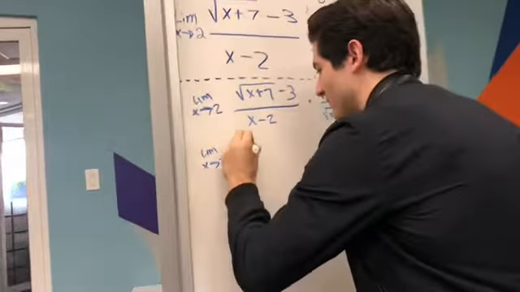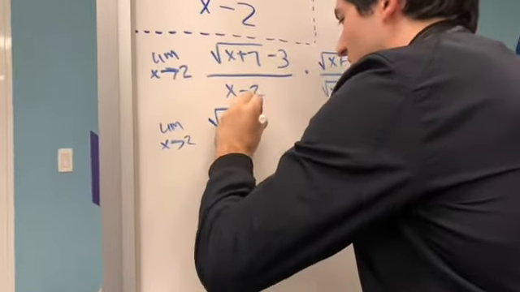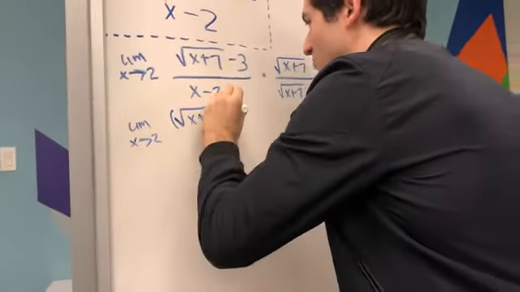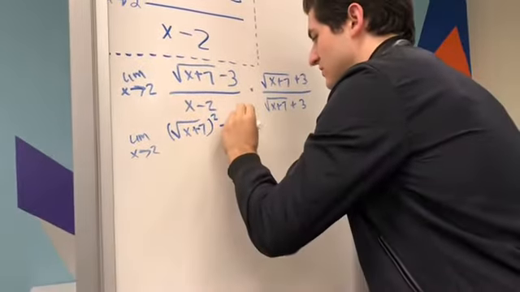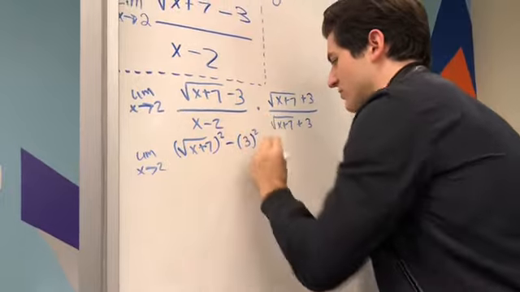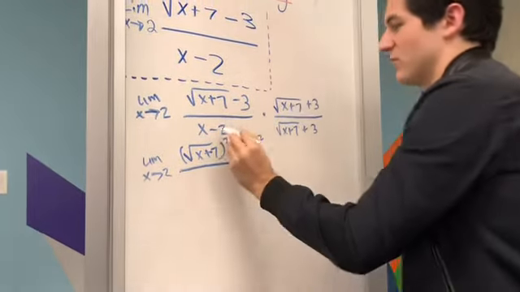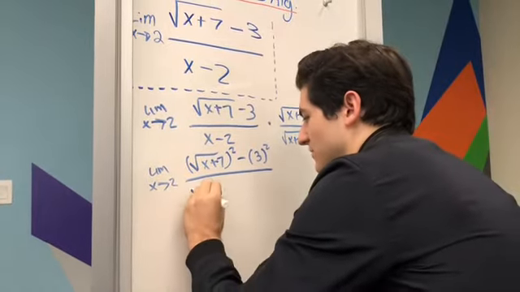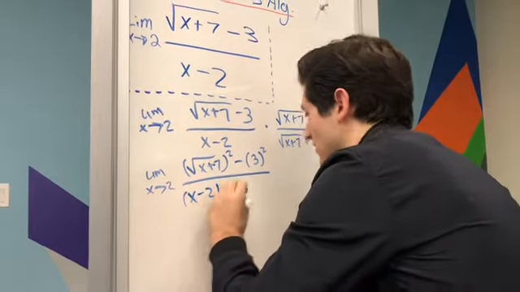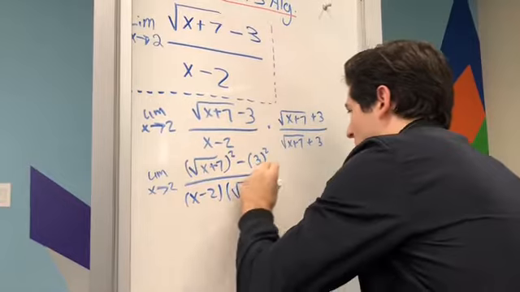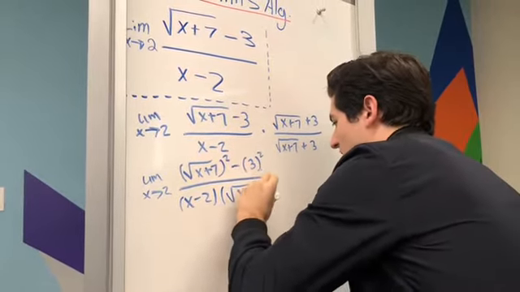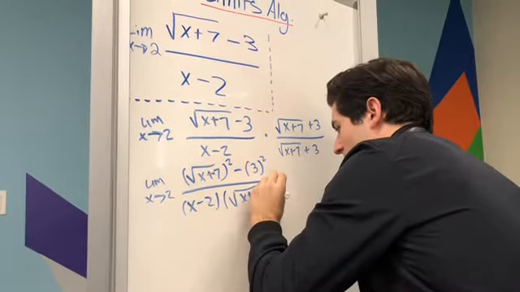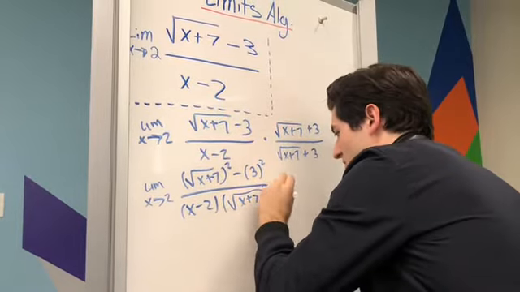So you will have the square root of x plus 7 squared minus 3 squared over, you multiply the denominator by this term, which is the square root of x plus 7 plus 3.